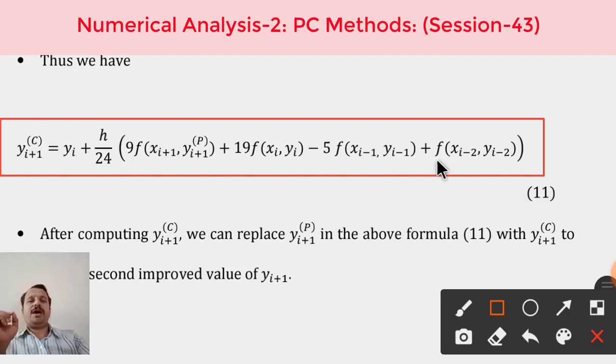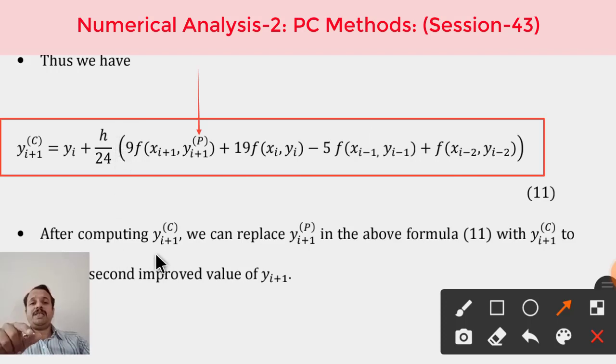In this formula, in place of y_{i+1}, I am using the predicted value which I obtained from the predictor formula, and I got the first correction of y_{i+1}. So this is the first corrected value of y_{i+1} that we obtain from this corrector formula.